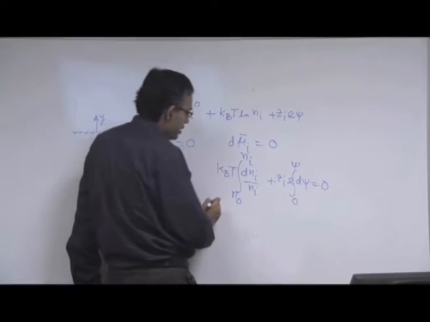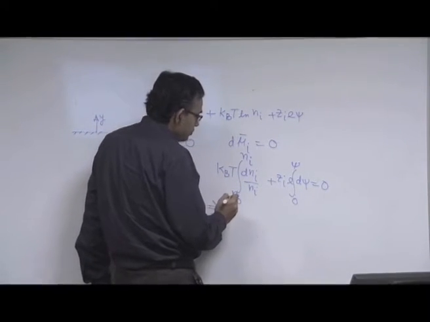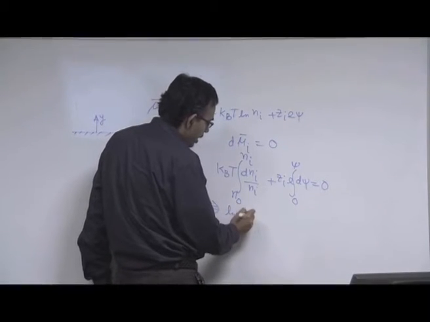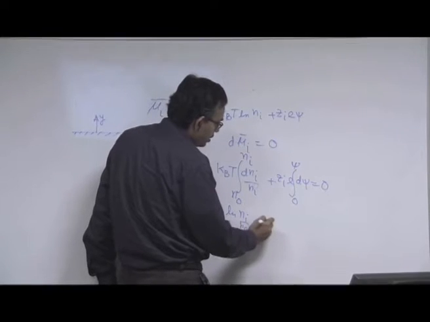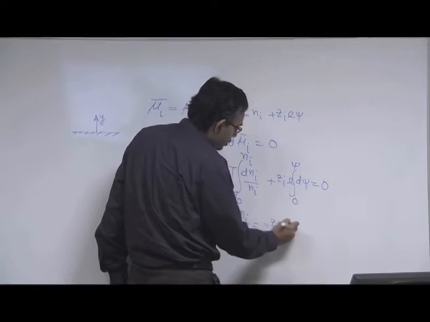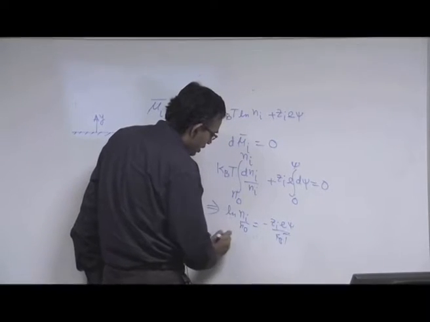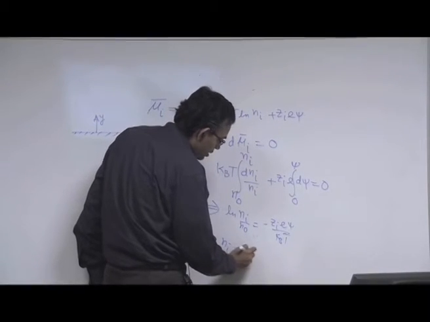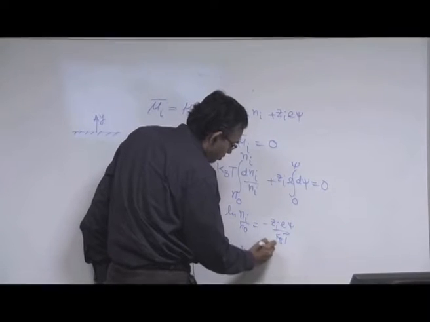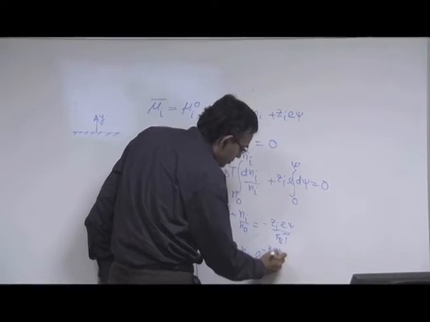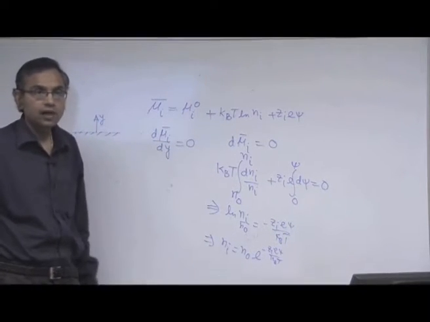So that means ln Ni by N0 is equal to minus Zi e psi by kBT. So this means Ni is equal to N0 into e to the power minus Zi e psi by kBT, right.